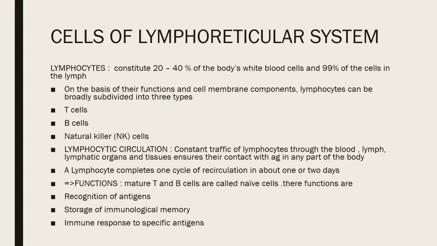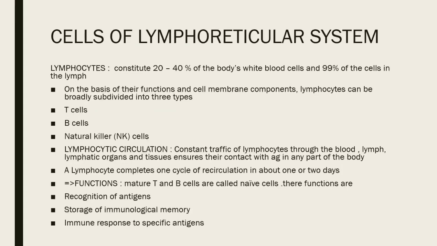So, lymphocytic circulation. It is a constant traffic of lymphocytes through the blood, lymph, lymphatic organs, and tissues, which ensures their contact with antigen in any part of the body. A lymphocyte completes one cycle of recirculation in about 1 or 2 days.